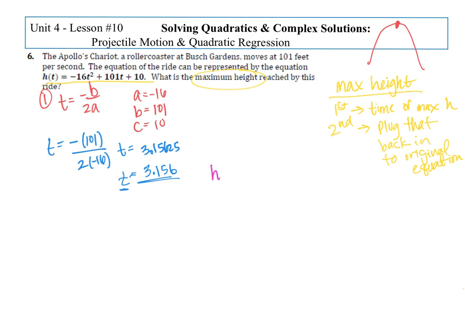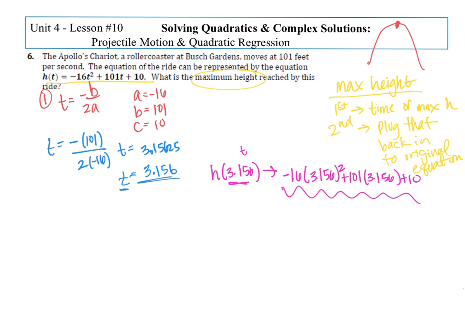So again, we're finding h of 3.156. And we're plugging this in. This represents our t's. So we have negative 16 times 3.156 squared plus 101 times 3.156 plus 10. And we're typing all of this into our calculator.